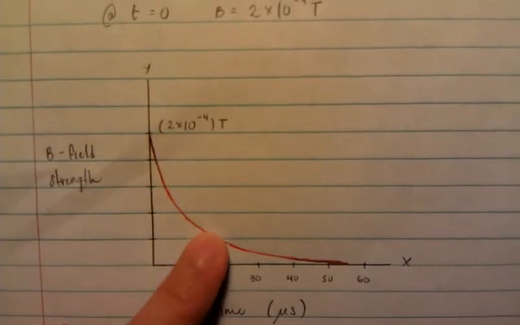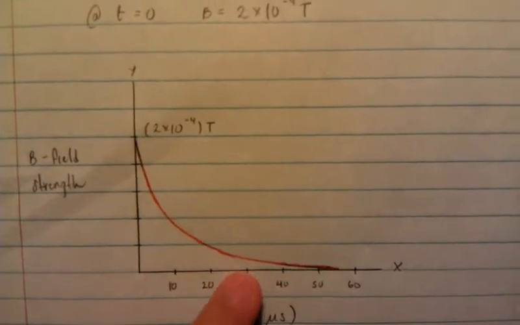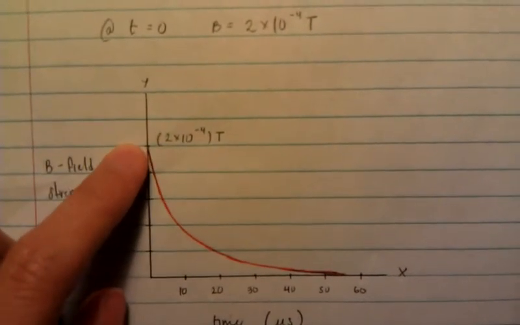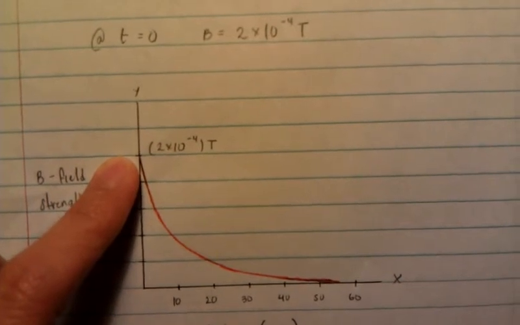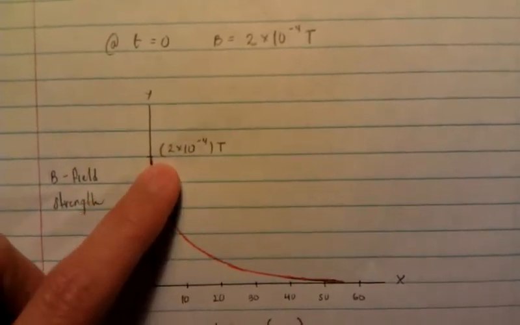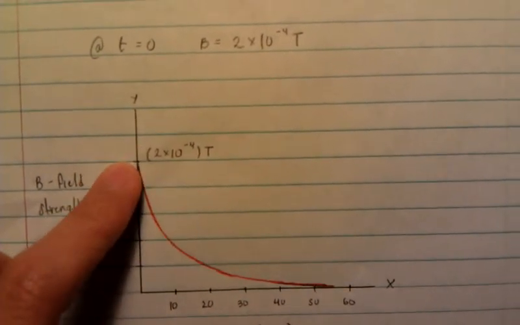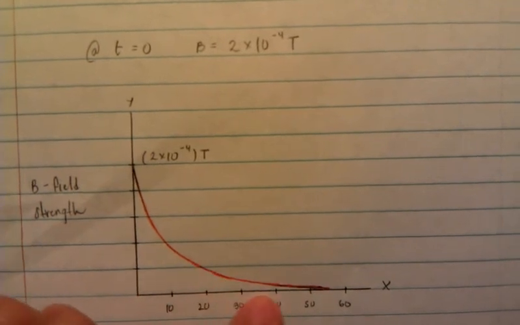And to get the other plots of the graph, you just plug in other times in t in the equation. And so here is the maximum magnetic field strength given off, which is 2 times 10 to the negative 4 Tesla, which is at time t equals 0. And the magnetic field will decrease as time goes on.